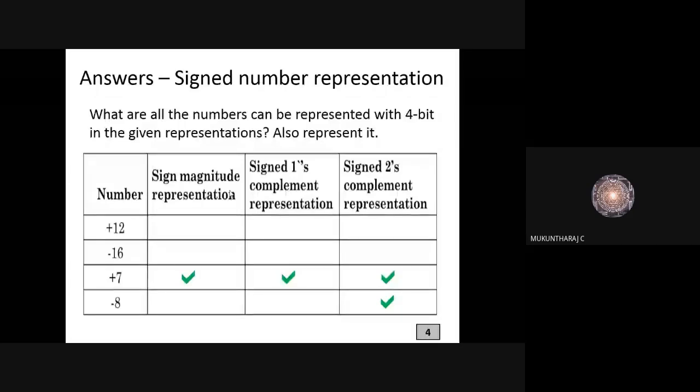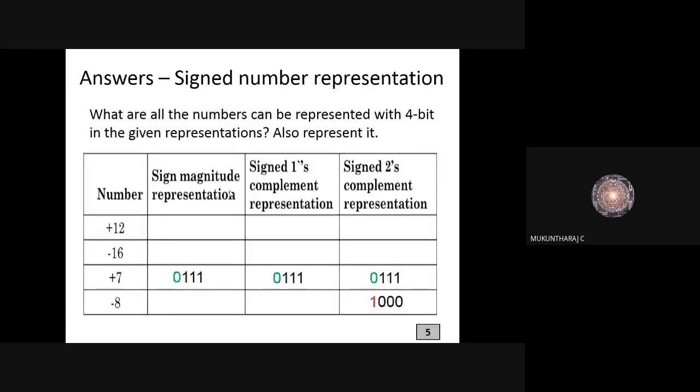So plus 12 and minus 16 are not possible to represent in 4 bits. Then minus 8 can be represented only in signed twos complement representation. We cannot represent minus 8 in signed magnitude representation or signed ones complement representation.